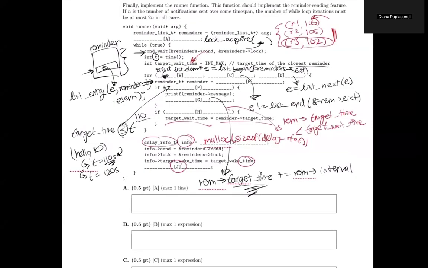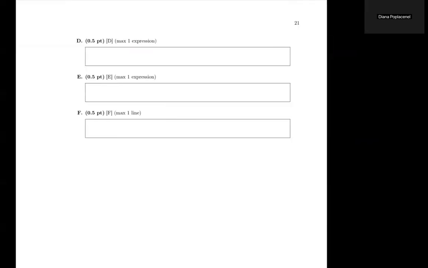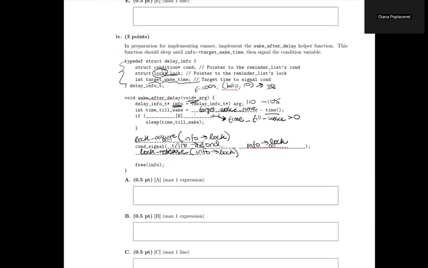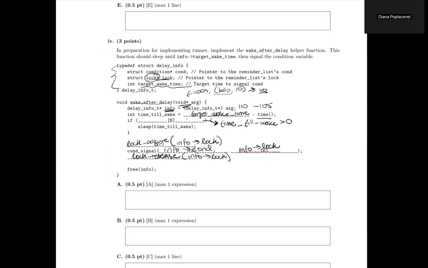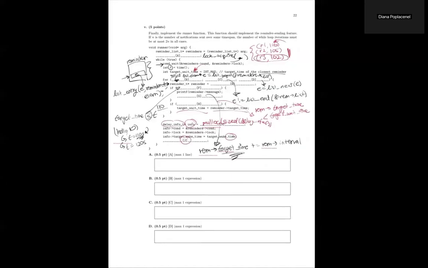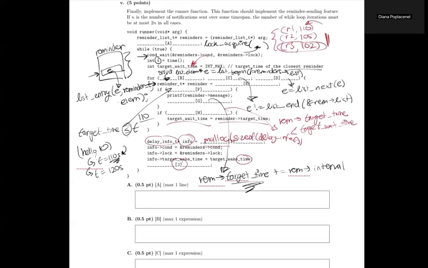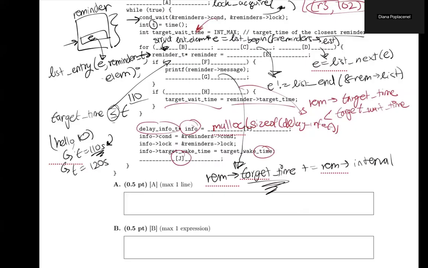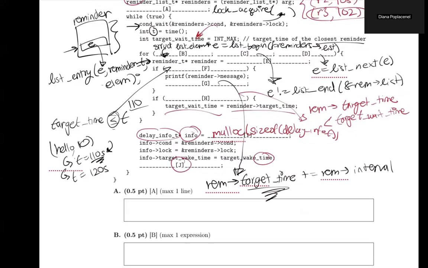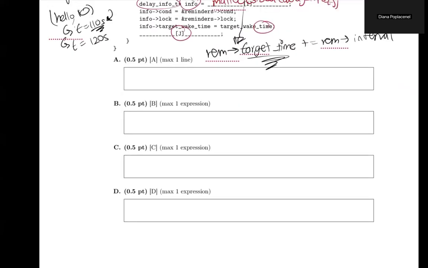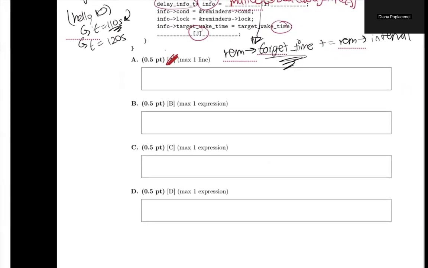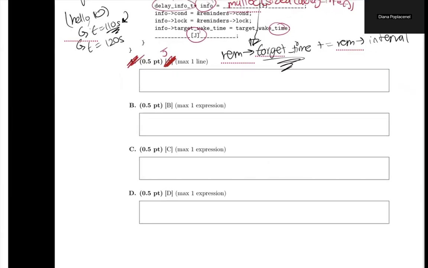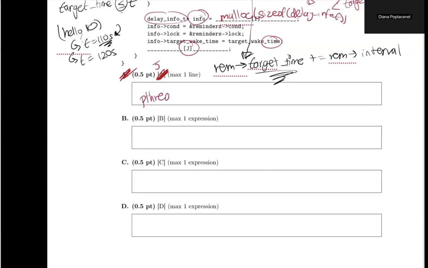And the way that we actually sleep until we need to wake up and print the next reminder message is based on this wake after delay function that we implemented previously. That is going to sleep for some specified amount of time and then signal this condition variable that runner is waiting on. So that means that we want a thread to run wake after delay. And so we're going to actually create a thread in J. I'm just going to pretend this is J for a second so I don't have to flip the page. And I'm going to create a thread.